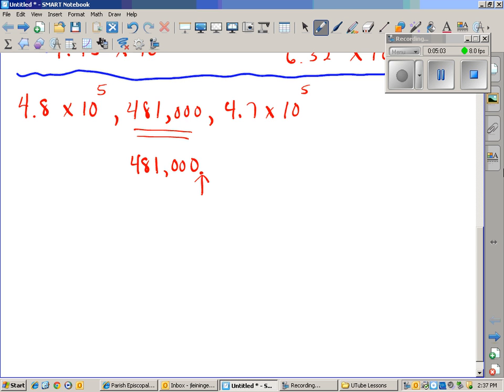Move along to the left until you can stop at a number between 1 and 10. Can't stop here. I'm at 48.1. There we go. 4.81 times 10. You know your exponent's going to be positive because your number started out big. And we moved how many? 1, 2, 3, 4, 5. 10 to the 5. Now, let's bring these other guys down.